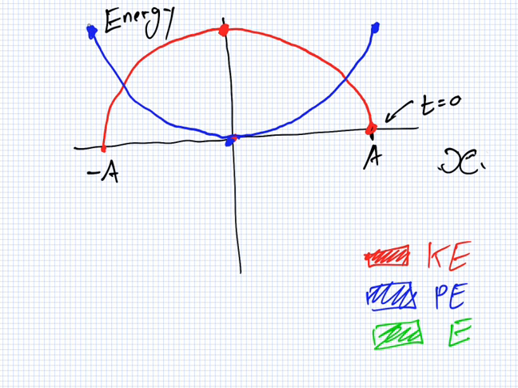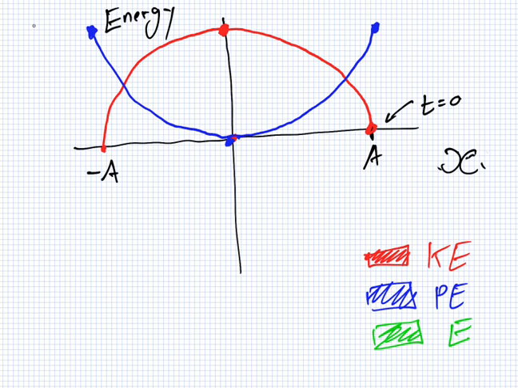Now finally, maybe someone can tell me, if I add the kinetic plus the potential to get the total energy, what type of graph would that look like? Where should I draw it? In between, like somewhere here? Nope. Any ideas?